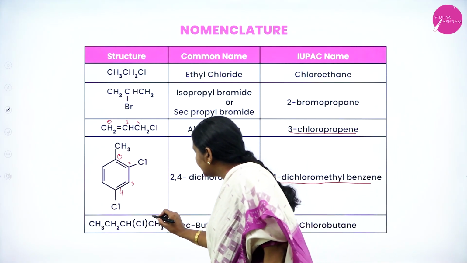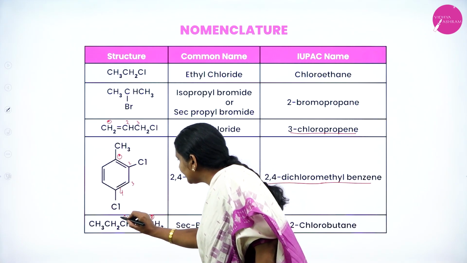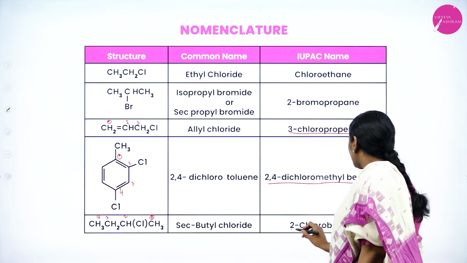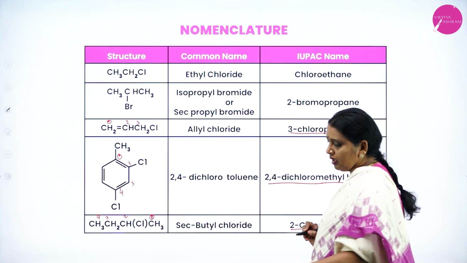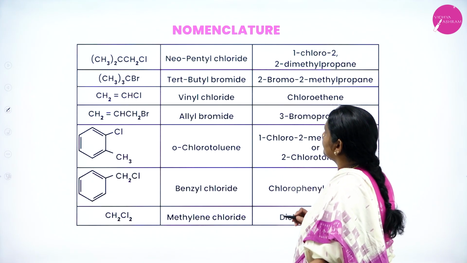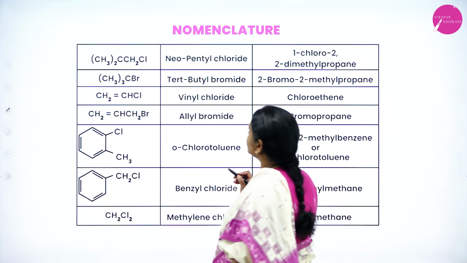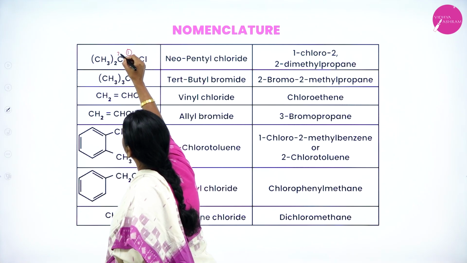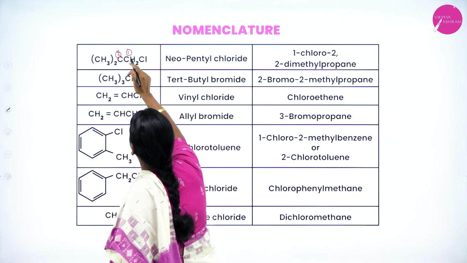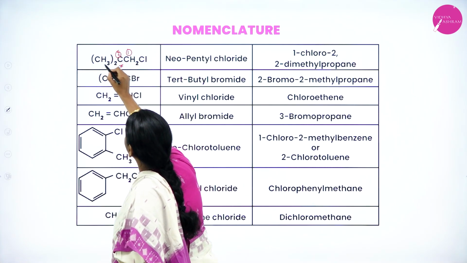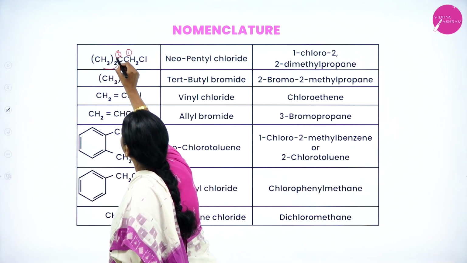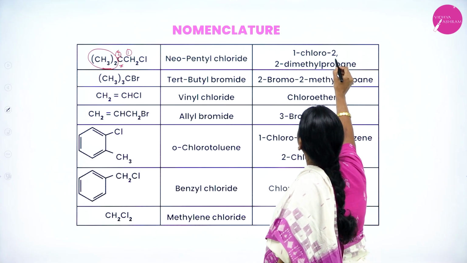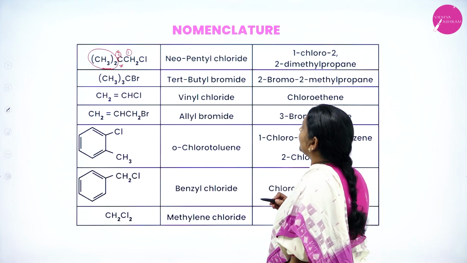Now, if I put this as first carbon, second, third, fourth, it is 2-chlorobutane. Next, similarly, 1-chloro. In the second carbon, how many methyl groups are there? 2 methyl. Therefore, 1-chloro-2,2-dimethylpropane.